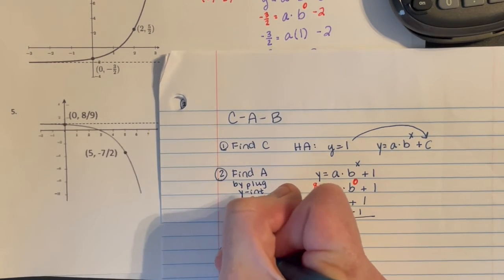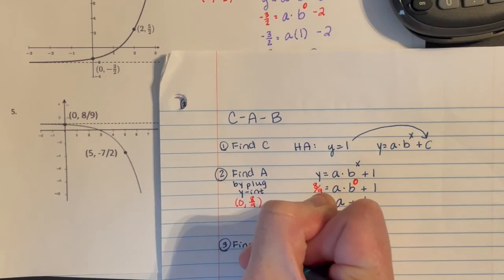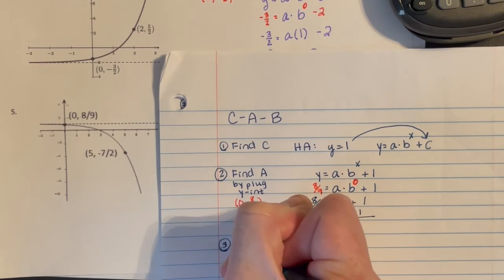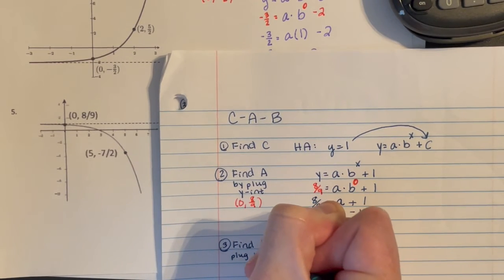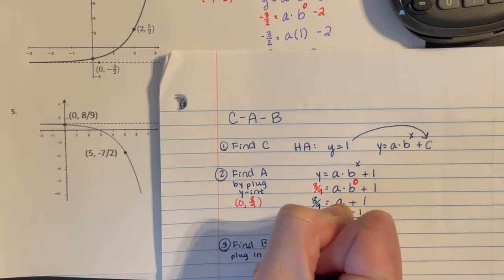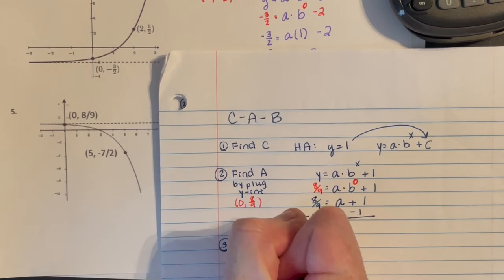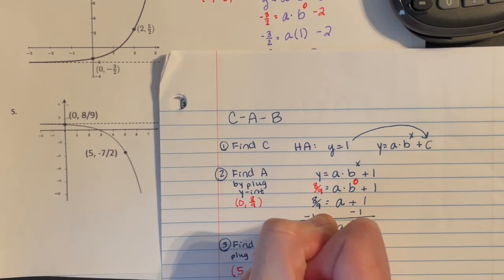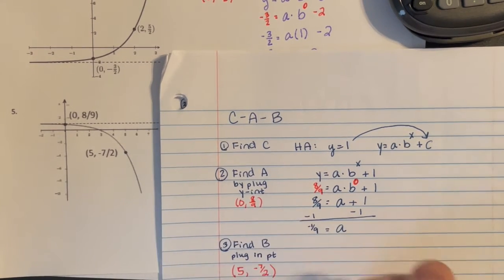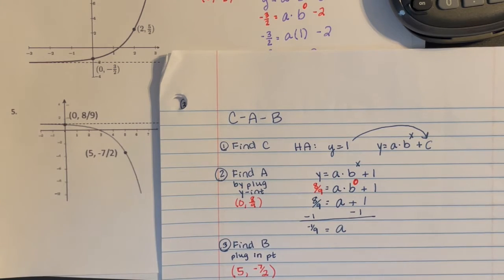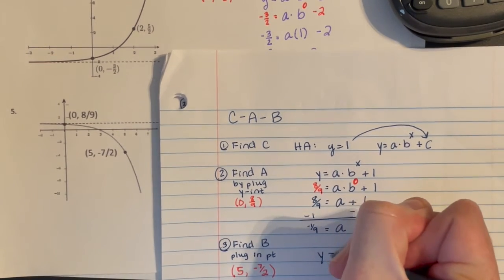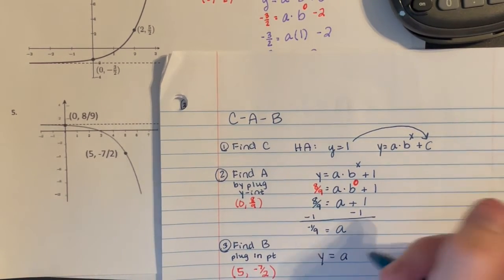Now we need the last part, find b. And we can plug in another point. 5, negative 7/2, so 5, negative 7 over 2. So far what we have, y equals a, whoops, we already found a.